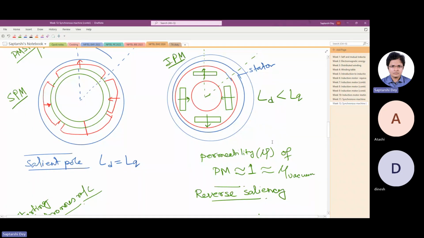A lot of research started. I am not working on these synchronous machines, but more or less the research trends are: the advantage is high power density, so increasing the power density and torque density is one; then different shapes of IPM; and then different types of control, maybe vector control came here, although it was already introduced for induction machines.